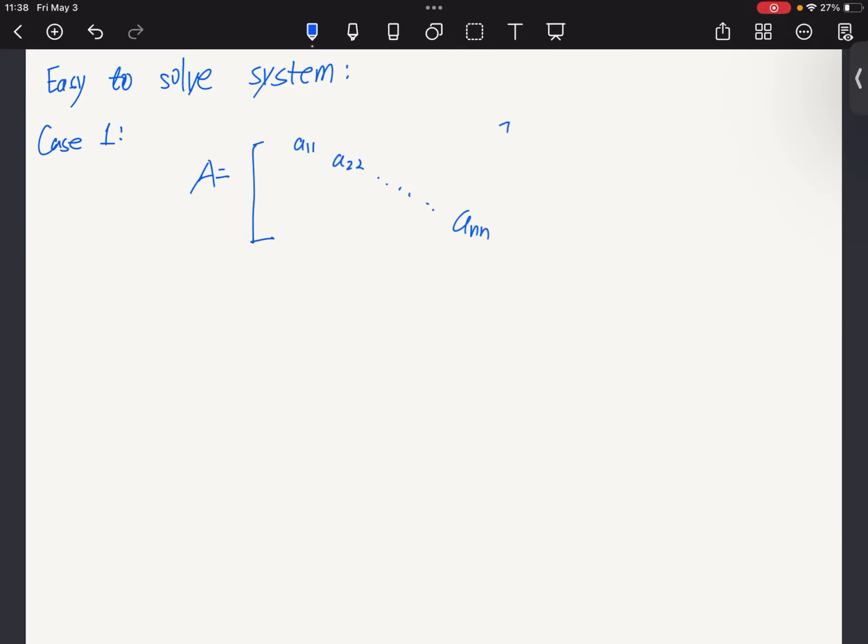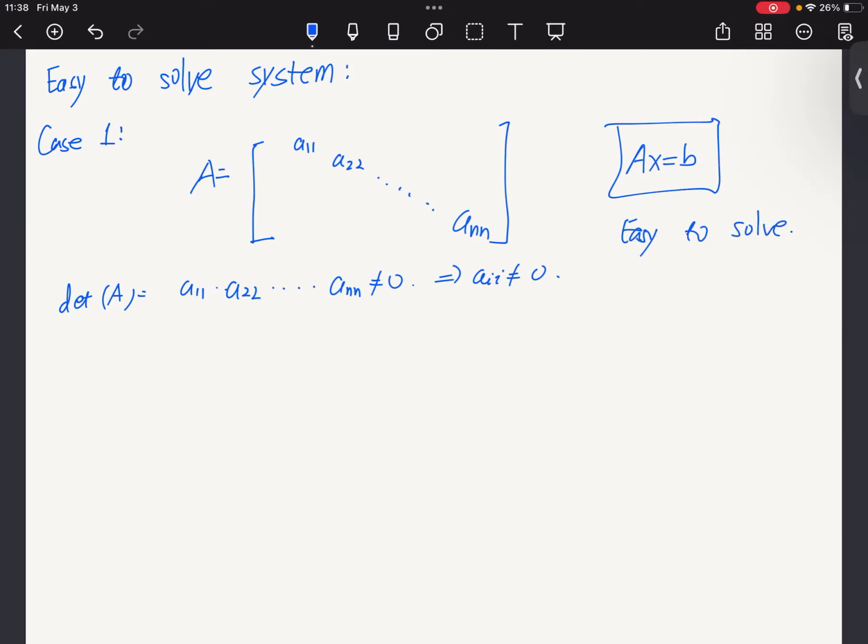Don't forget that we are assuming this is a non-singular matrix, which means the determinant of A is the product of the diagonal elements, and it does not equal 0, which means a_ii does not equal 0 here. This is the implication. So for this system of equations Ax equals b is easy to solve.